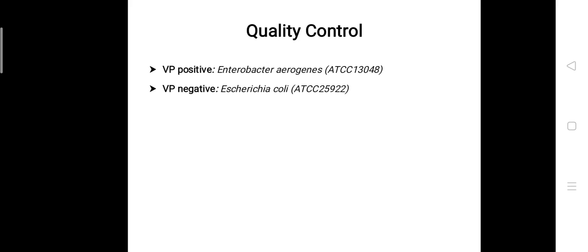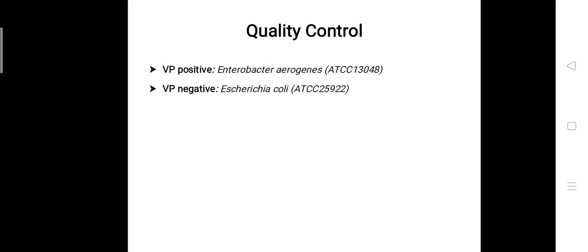Then for VP negative we have Escherichia coli ATCC 25922. So these are some of the suggested quality controls for the VP test. Some examples of VP positive are Klebsiella, Viridans group Streptococci, and Vibrio species, and for VP negative we have Shigella and Citrobacter.